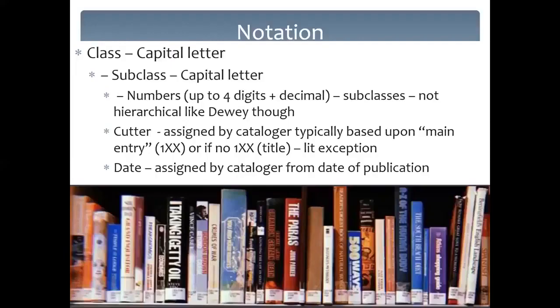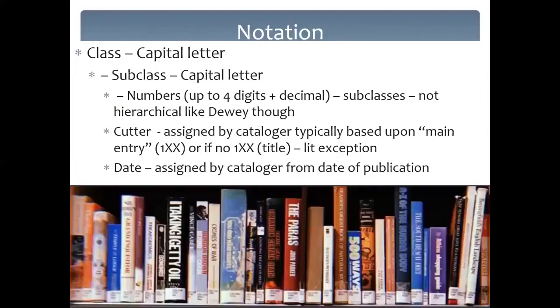So we'll do some of this. Literature is an exception to that, and we'll actually spend some time with literature. But cuttering is a little bit like a word puzzle. So if you like word puzzles, you're going to love LC classification because it has always felt a little bit like a word puzzle to me.